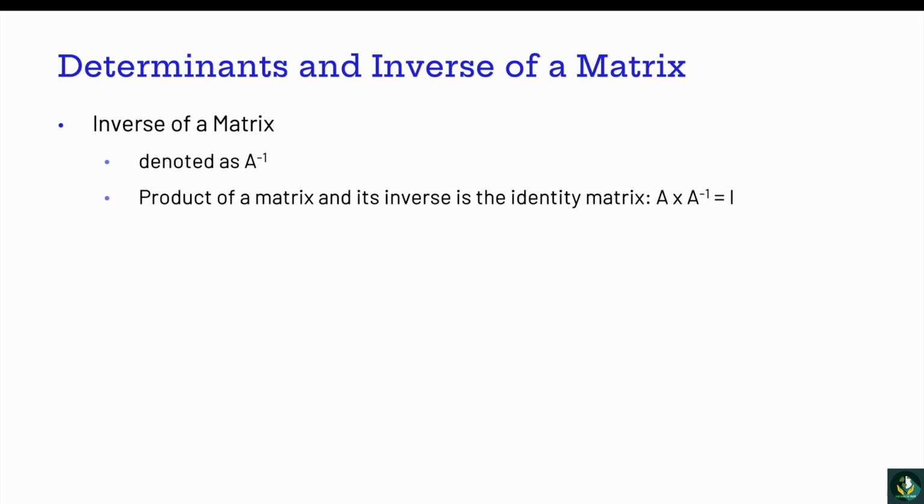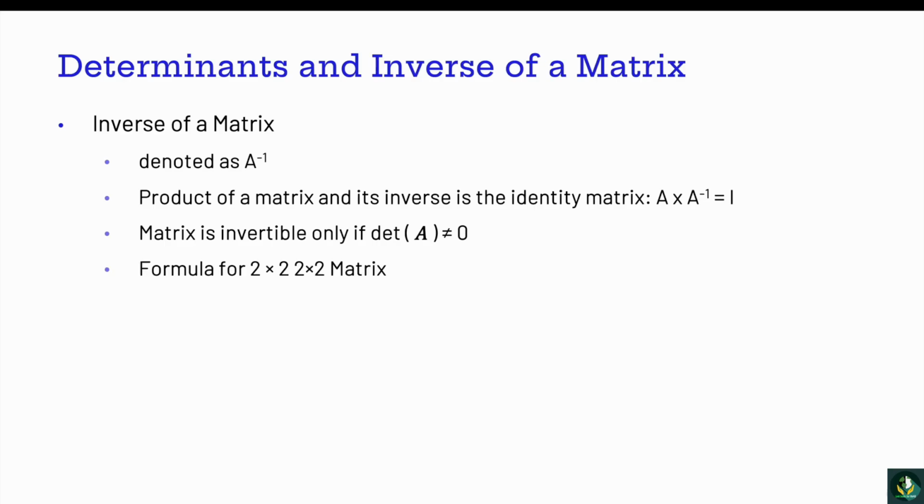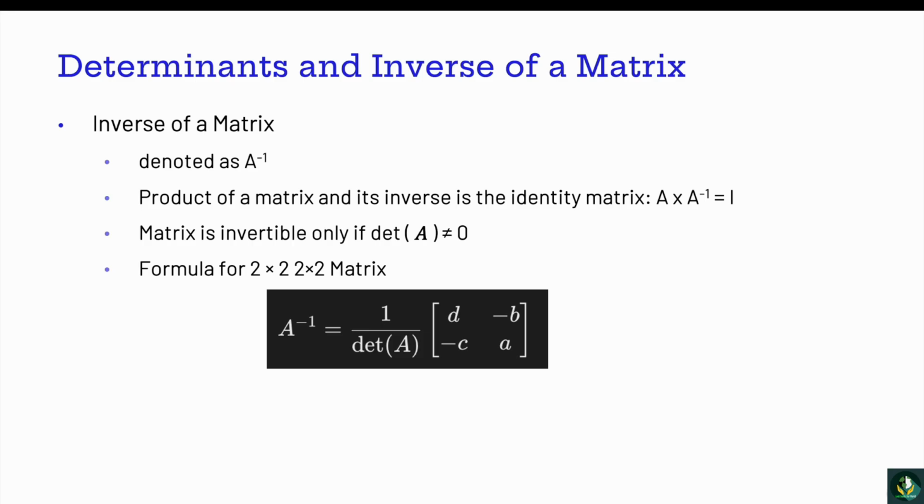A matrix is invertible only if the determinant of A is not equal to 0. The formula for a 2 by 2 matrix is: A raised to minus 1 equals 1 divided by the determinant of A, times the matrix D, minus B, minus C, A. That's how you can get an inverse matrix.